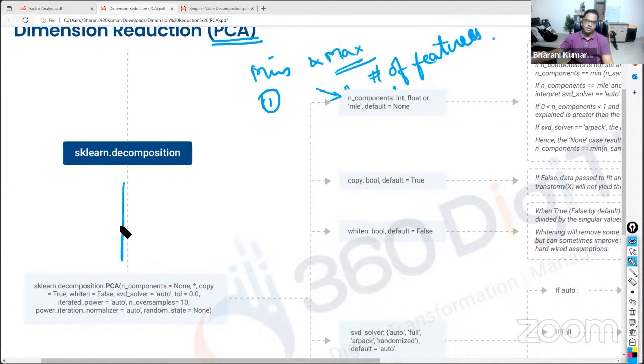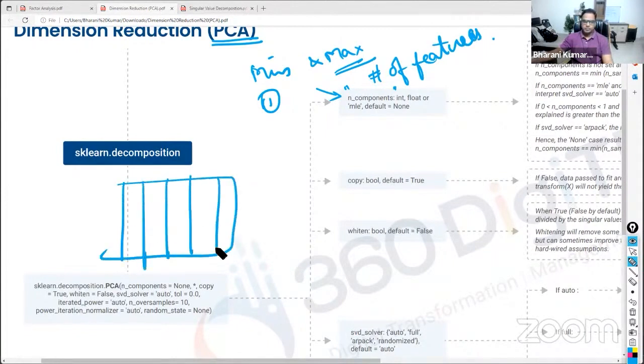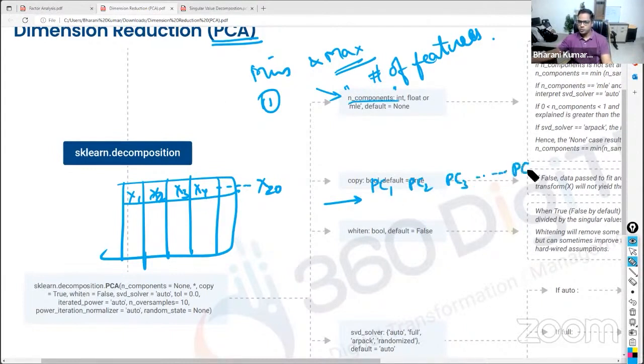That means if you have 20 inputs in your input data, then the maximum number of principal components that you can have would be 20. PC1, PC2, PC3, the maximum that you can have is 20.